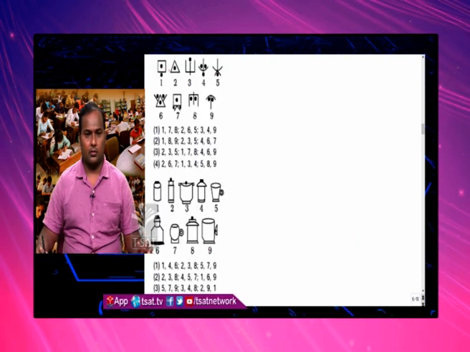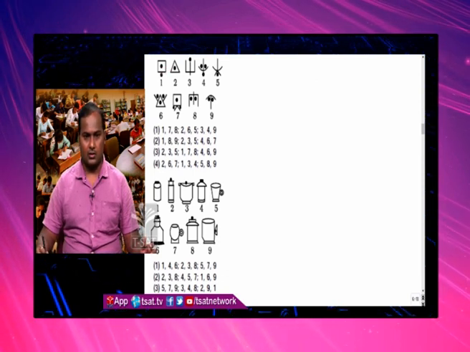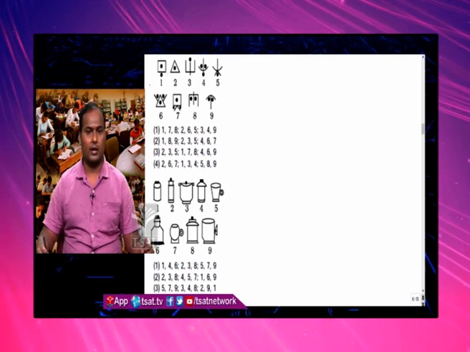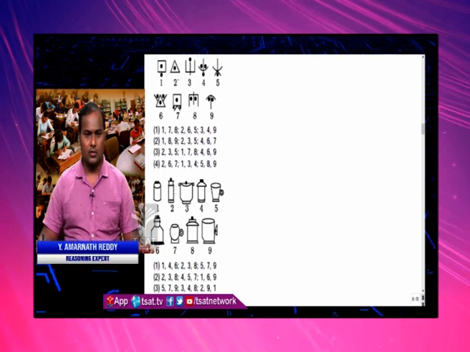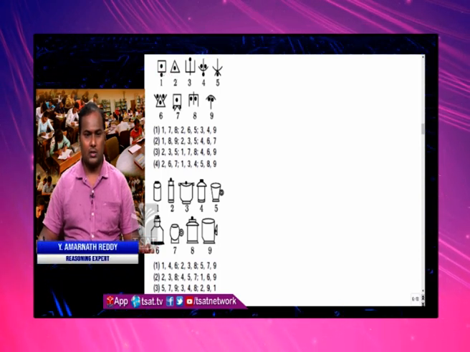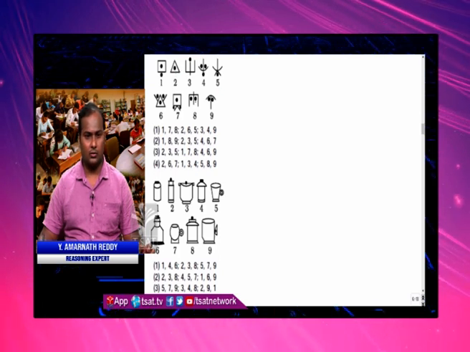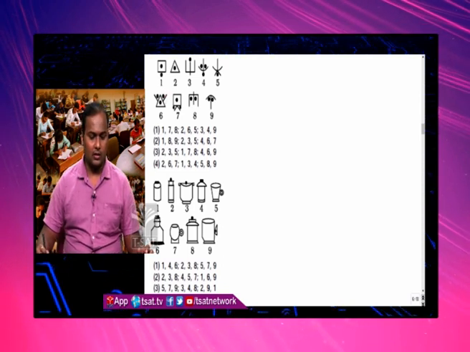The moment you see the question, it looks quite tricky because there are lines and dots or circles. So what you need to do is, you need to classify this figure based on lines and dots. So in one figure 2 dots are there, in other figures only 1 dot, again 2 dots, 1 dot, 2 dots and 1 dot, and in some other figures there are even 3 dots as well.